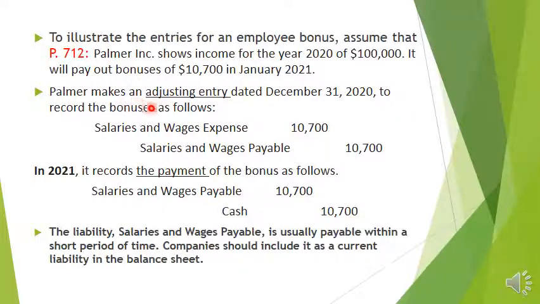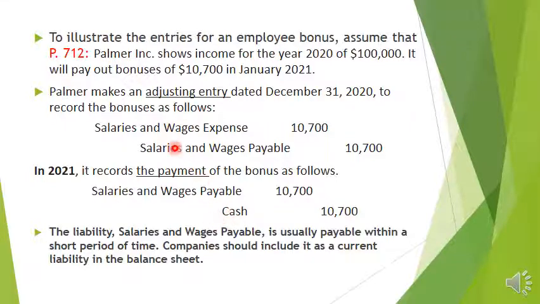Make an adjusting entry dated December 31, 2020 to record the bonuses as follows: salaries and wages expense, salaries and wages payable. In 2021 the payment of the bonus is recorded as follows: debit salaries and wages payable, credit cash.